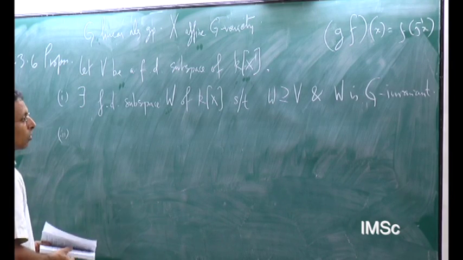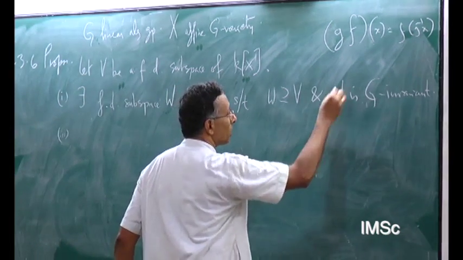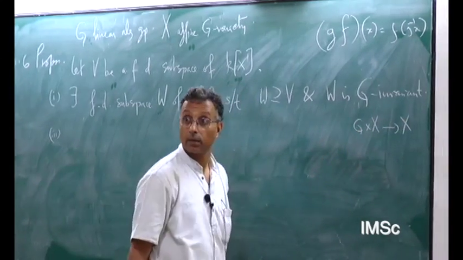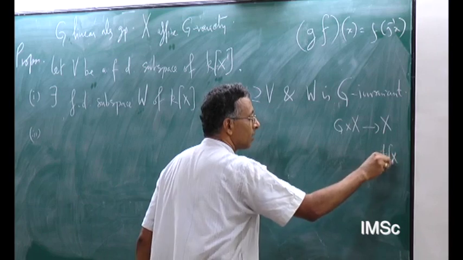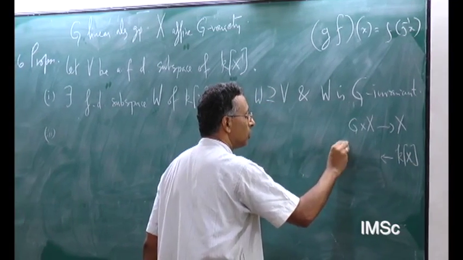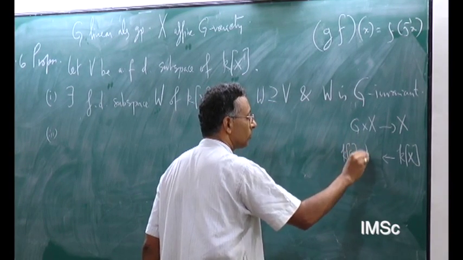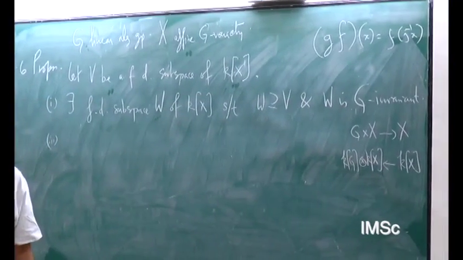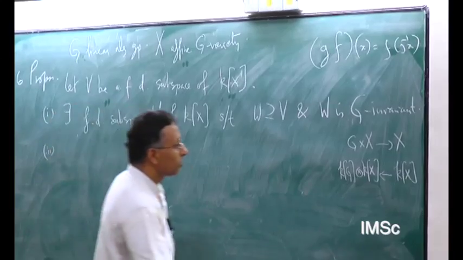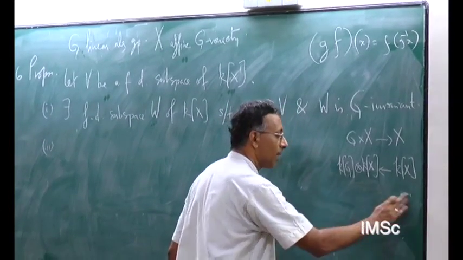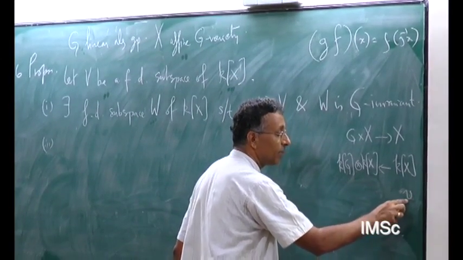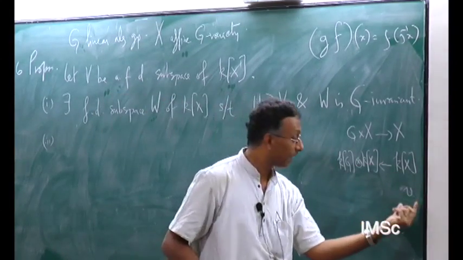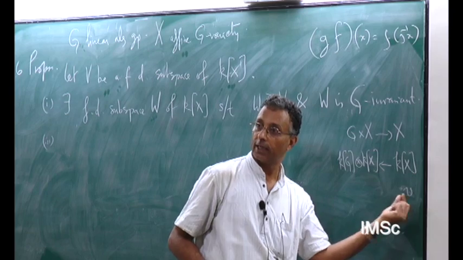Okay, so here is the thing. The important thing here is that remember there is a map G cross X to X, which is equivalent to this map on K[X]. Right, and if I take an element v here, I write v because I'm thinking of V as a vector space and an element v of it.